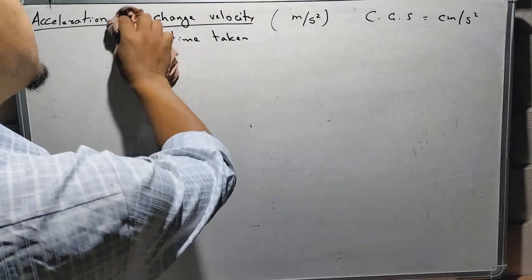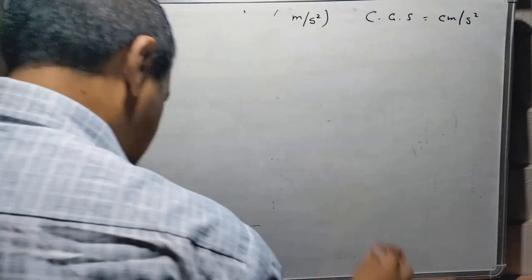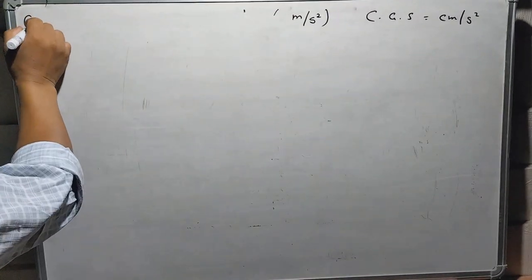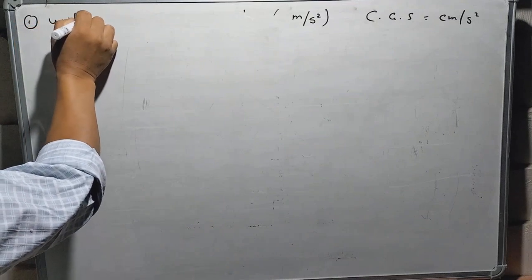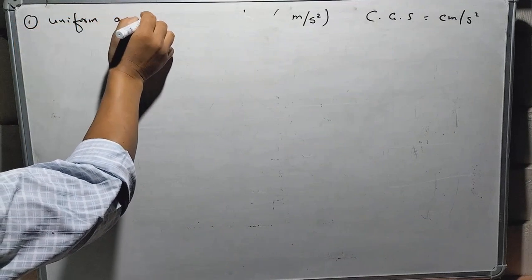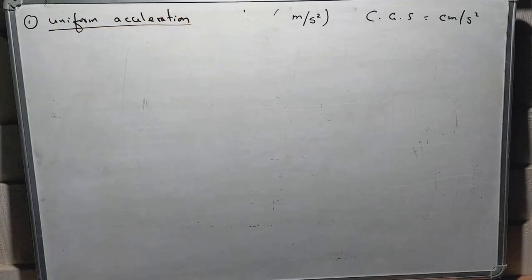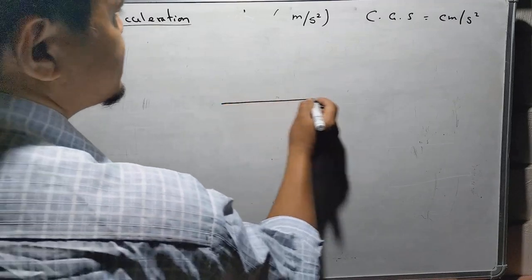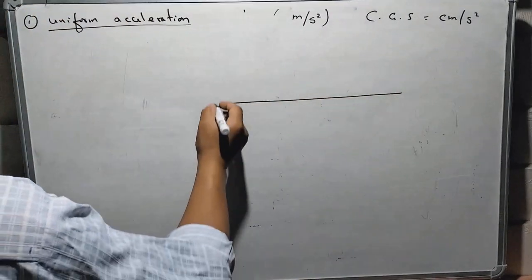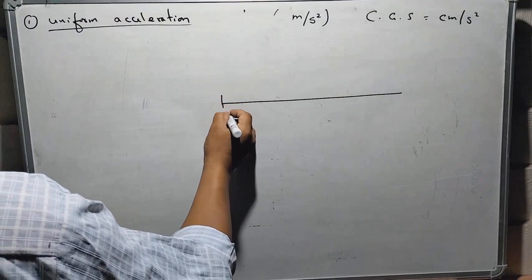The first is uniform acceleration. So what do we mean by uniform acceleration? The acceleration of an object is said to be uniform if its velocity is changing by equal amounts in equal intervals of time. Suppose this is a straight path, and this is the starting point.